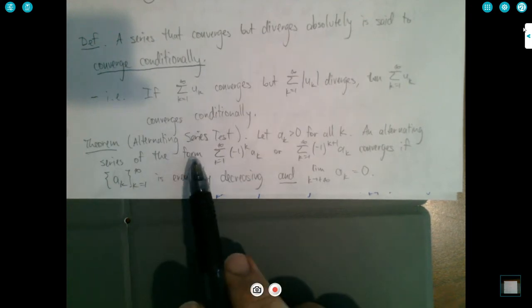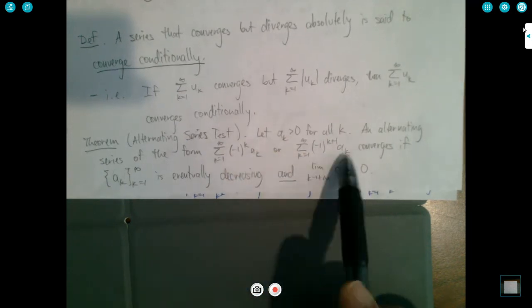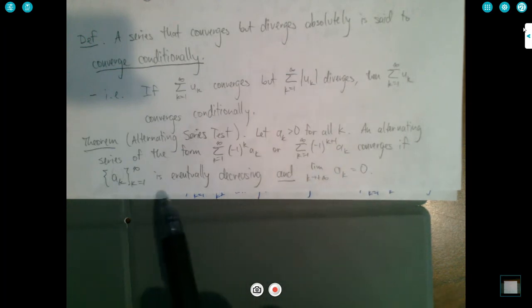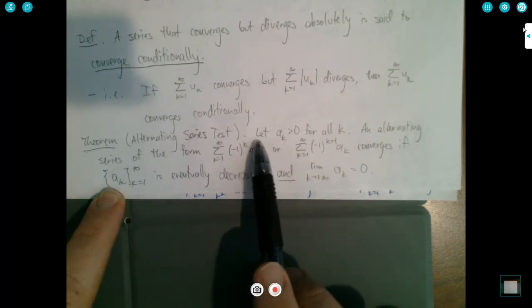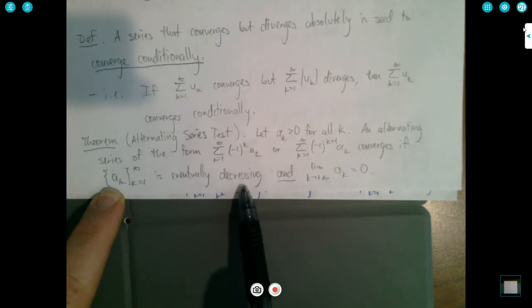So here's how the alternating series test works. Let's say that you have an alternating series that looks like this or looks like this, where the a_k are positive. These series are going to converge if the sequence of the a_k is eventually decreasing.